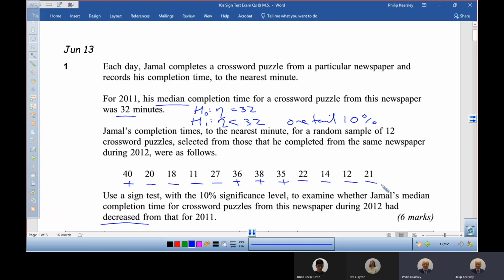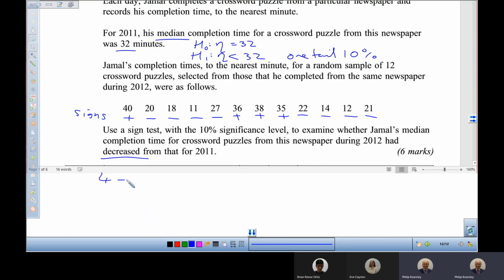Less, less, less, less, so minus, minus, minus, minus. Your signs is your second mark, your method mark of identifying the signs. I think that's 4 and 8. Can you confirm? Okay.